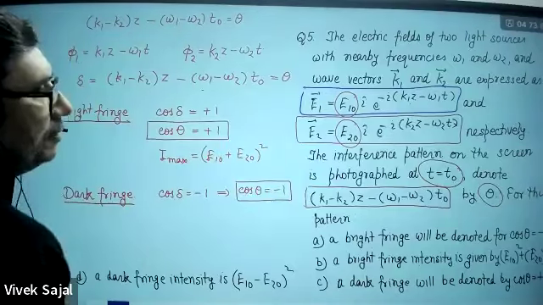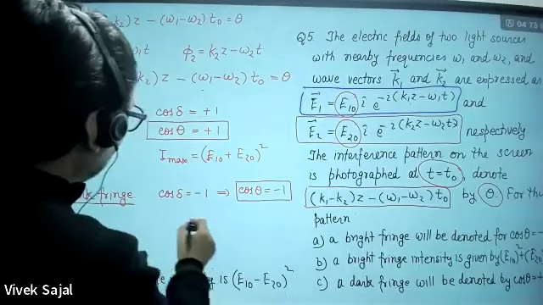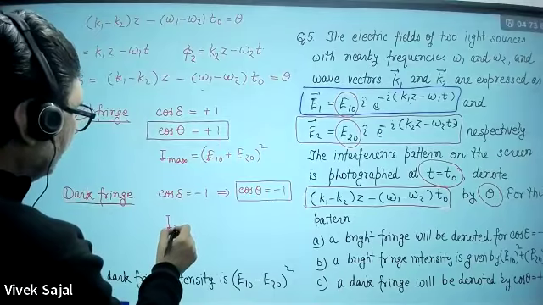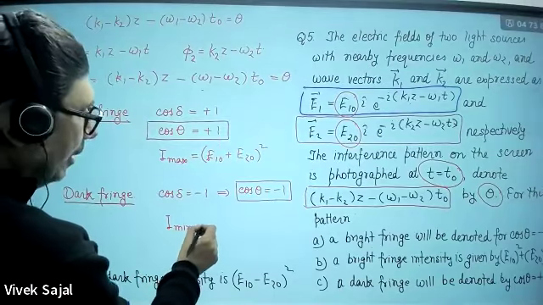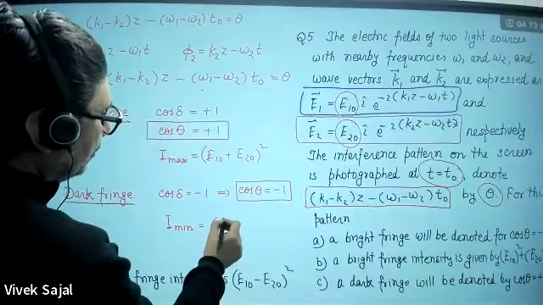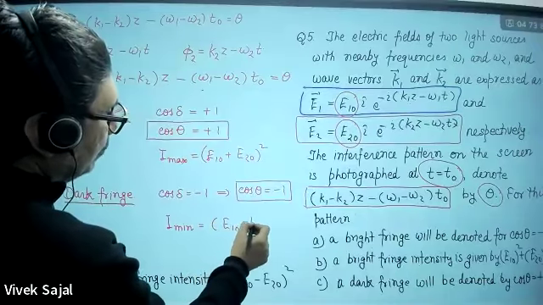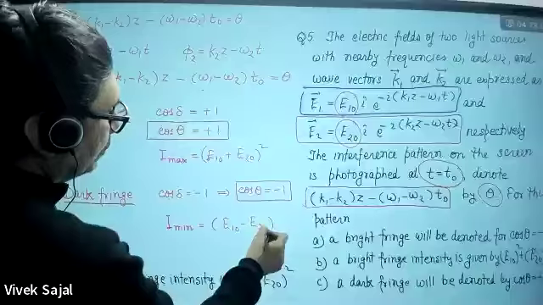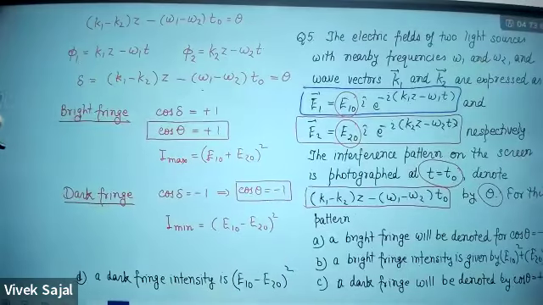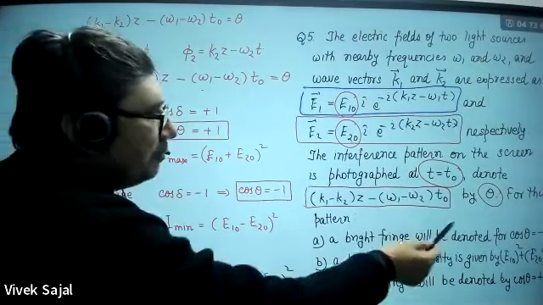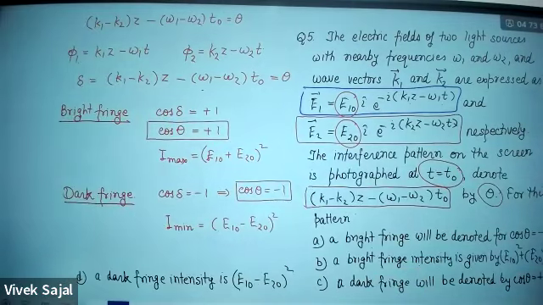This will be the intensity of bright fringes. For the dark fringes, this will be I min and it will be E10 minus E20 whole square. So these are the four statements. Look at them now. The bright fringe will be denoted for cos theta equal to -1.